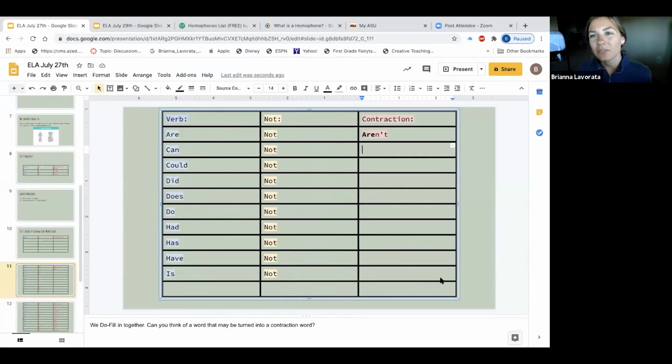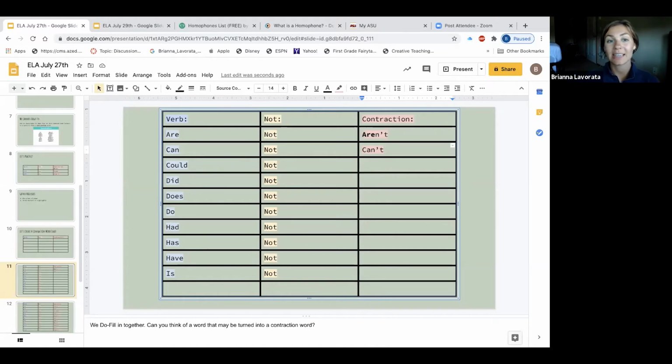But that's kind of long to always say, I cannot do that. I cannot do this. We want to shorten that word to the word, oops, can't, right? Can't. I can't clean my room today. Sounds a lot more fluent and just easier for you to speak and quicker to write.